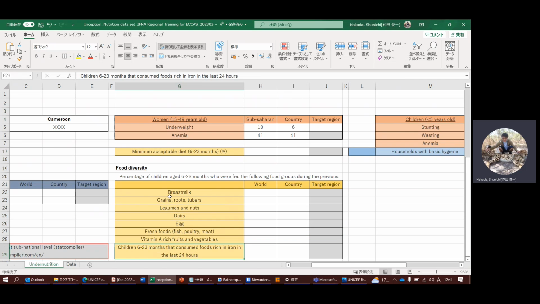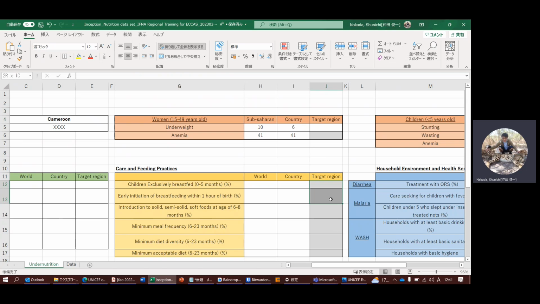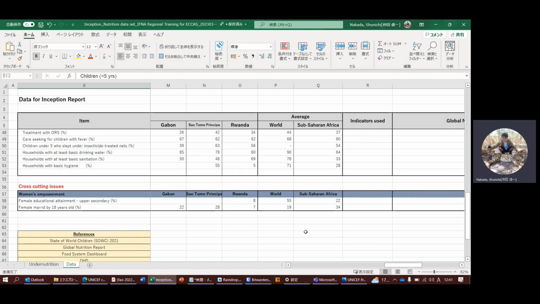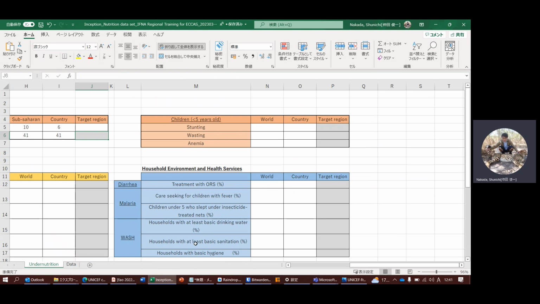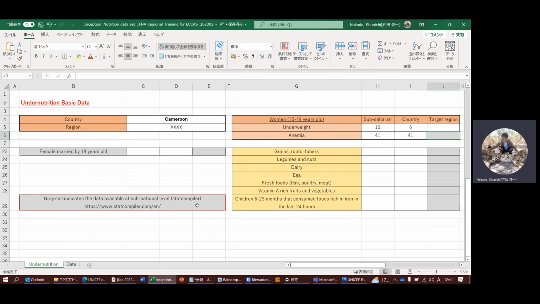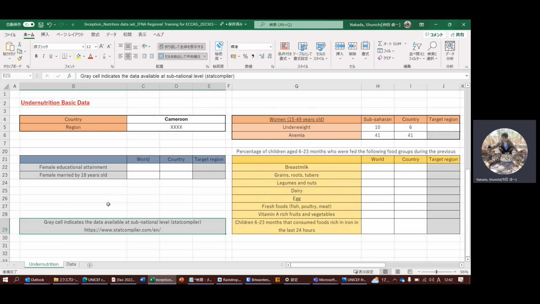And lastly, we have this gray part, which is a subnational data set. Some data are available, but not all, so these data are not listed in this table. Instead, I will ask each of you to find data from here. This is a website to find your subnational level data set.